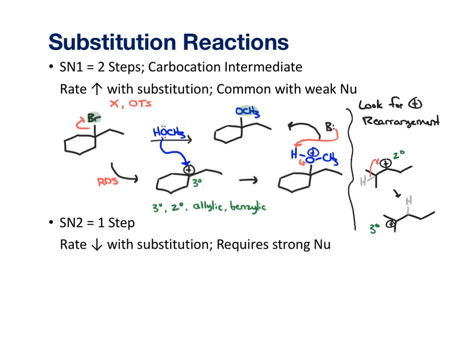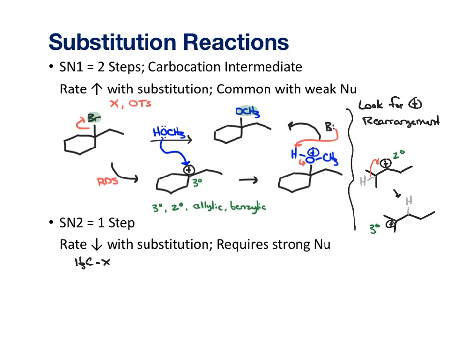For SN2, everything happens in a single step, and substitution hinders the reaction. So the rate decreases with substitution. So the fastest SN2 would be with just a methyl halide.